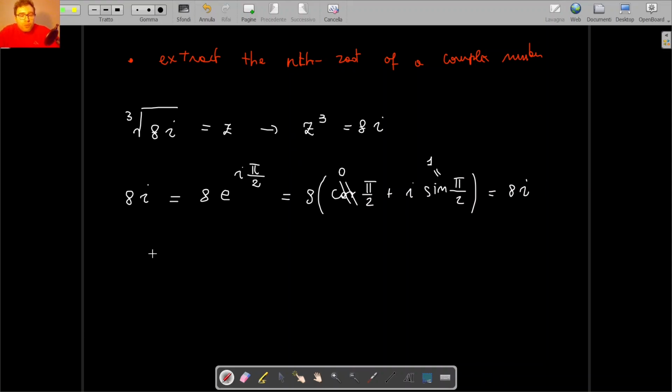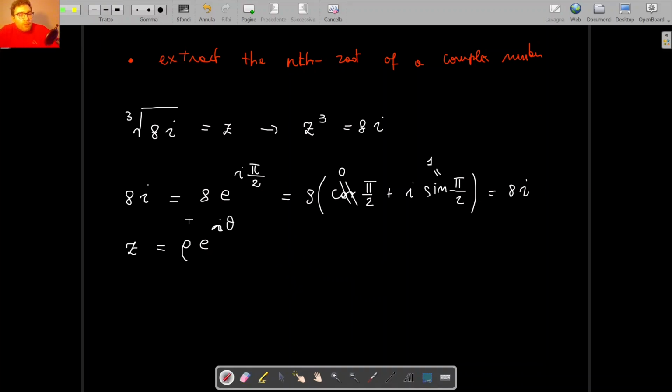Okay, now we have this unknown number z, and we know that every complex number apart from the origin can be written as rho, with rho being the modulus, which multiplies e raised to i theta, theta being the angle between the x-axis and the radius which identifies our complex number.